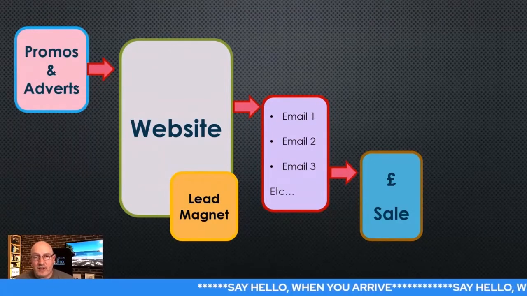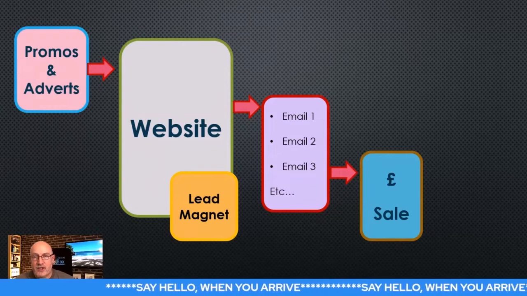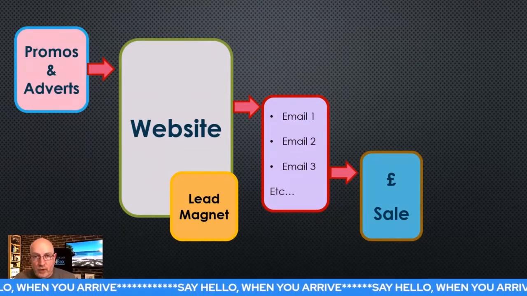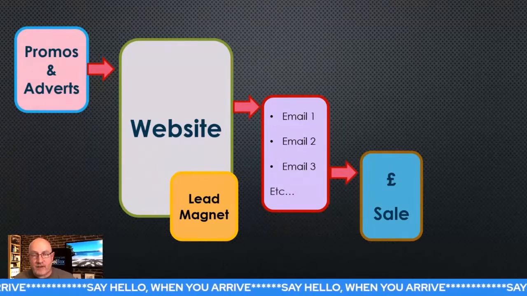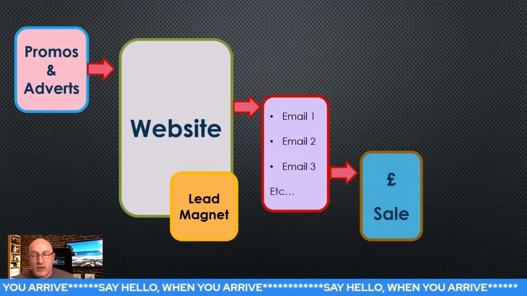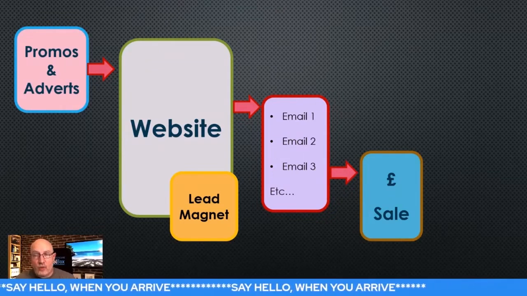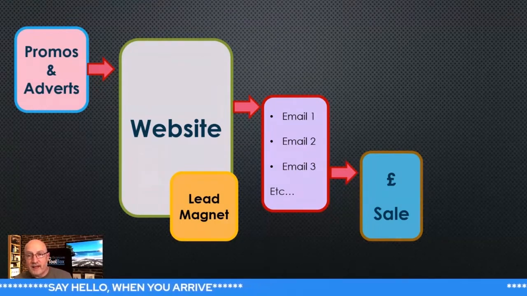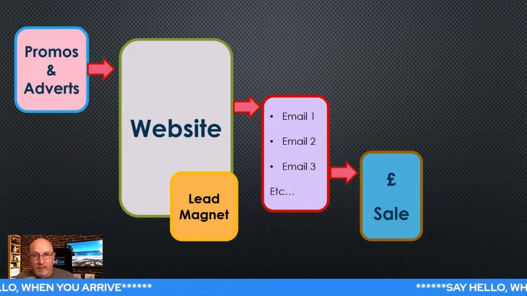So let's put this into perspective for an electrician. So you've got promotions and adverts going out there pushing the fact that you do what you do in your local community. These adverts are targeted towards your ideal customer because you want to drive your ideal customer to your website. On your website, you would have a lead magnet of some description, and that may be a video that they are able to watch that tells them a little bit more about you.